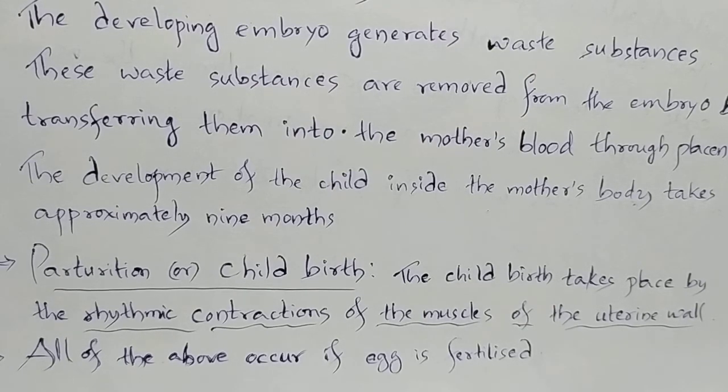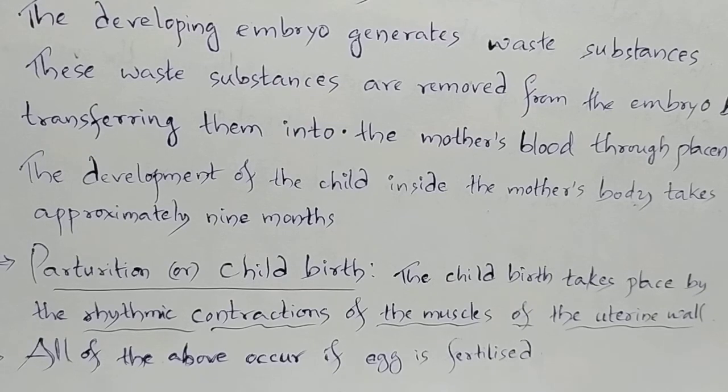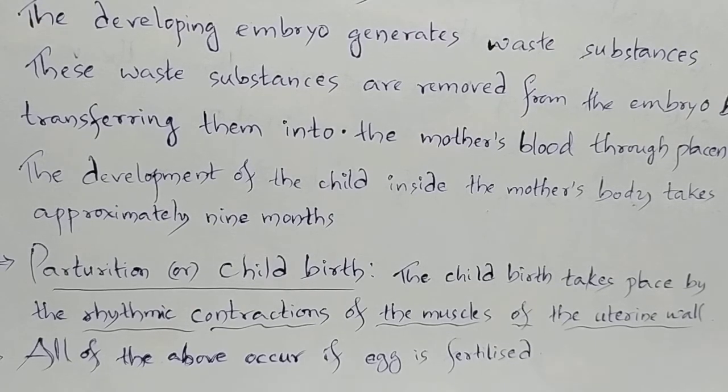Scientifically, childbirth is known as parturition, right? Childbirth takes place by the rhythmic contractions of the muscles of the uterine wall. How does the fetus have to come out? If something is in a bag and you push it, it will come out. So the uterus is an elastic bag-like structure, I already told you.